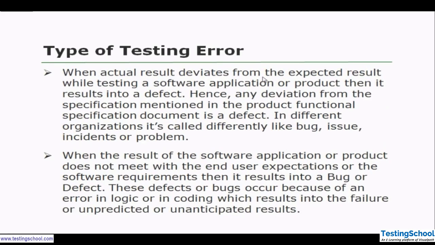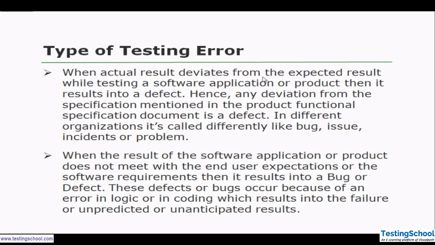Then if our actual result is deviating from our expected result for the software or the product, then it is a defect. Hence, any deviation from the specification mentioned for the product is a bug, issue, incident or problem, whatever we call it, it is a defect or a bug.